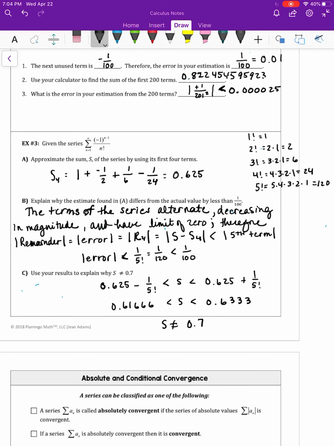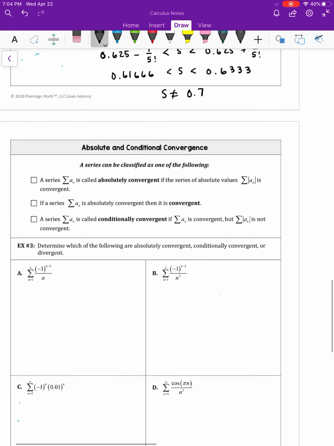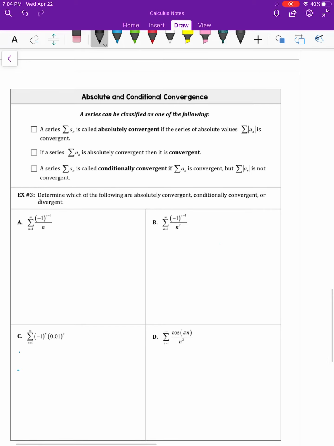And so this would be 0.61666 if I put that in my calculator on the left, and 0.6333 if I put that in my calculator on the right. So my actual sum will lie between these two values. And so that means that S can never be 0.7. So that's how you proved it.